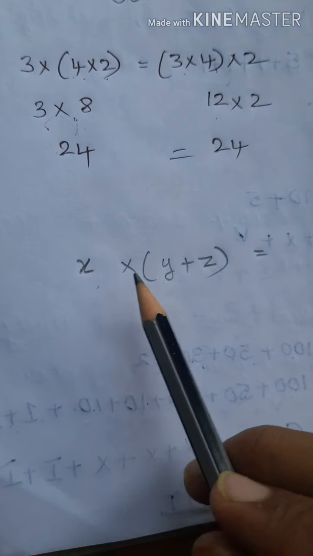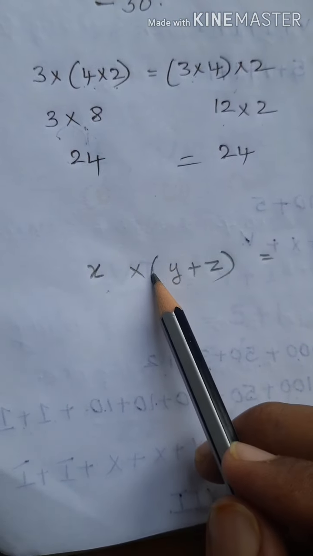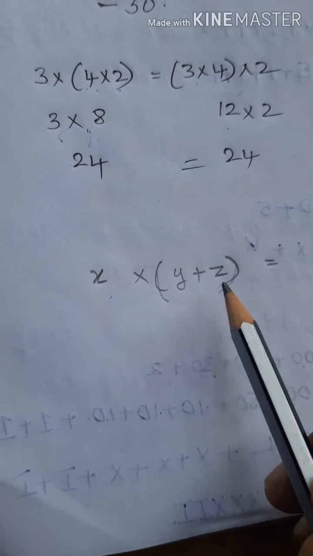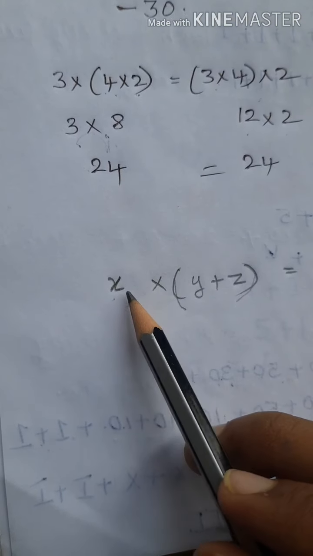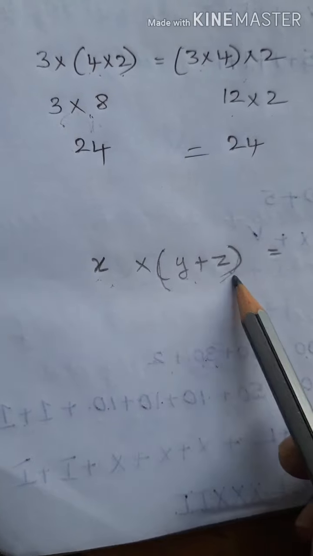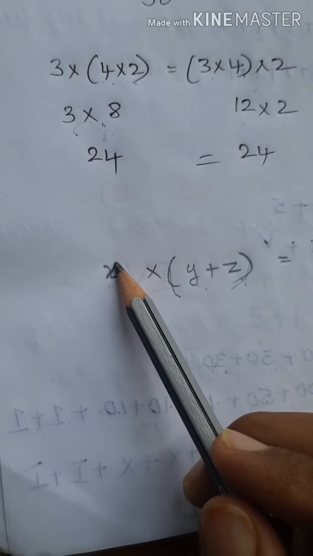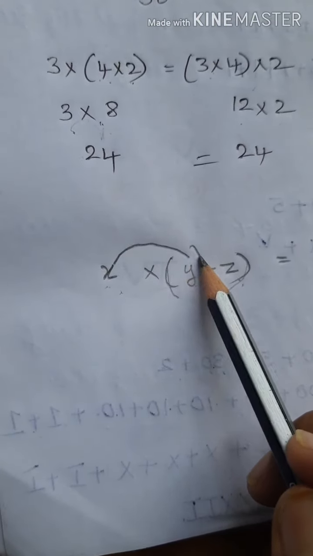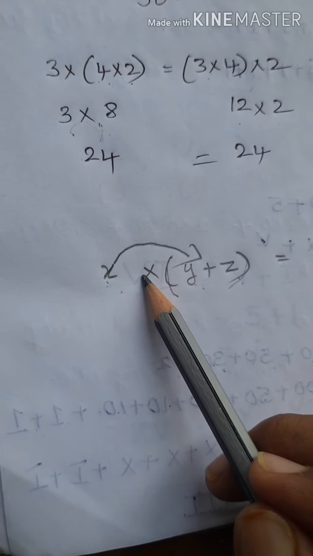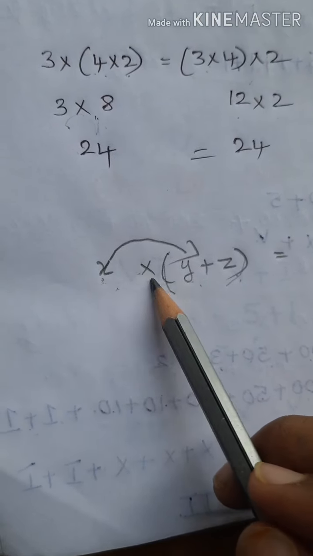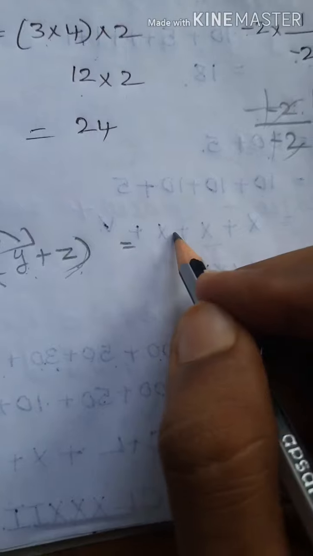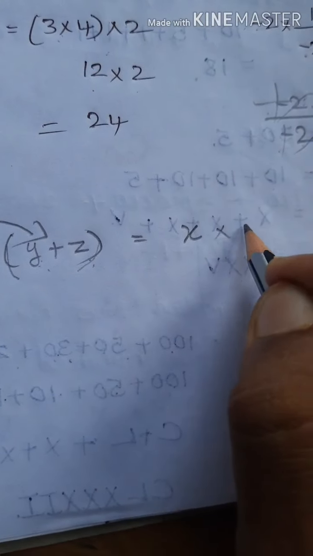So x into y plus z. This x is common for both y and z. Whenever it is in the bracket and x is outside, this x is common for both y and z. So first I want to take x and multiply with y. What symbol is there? Multiplication. So x into y.